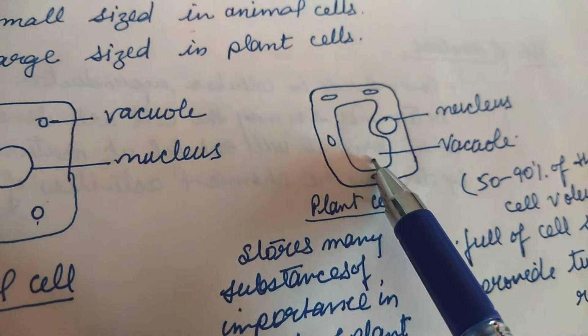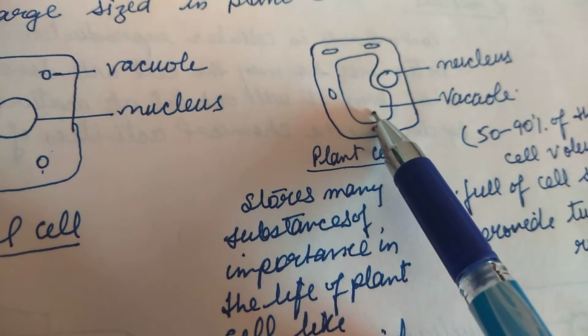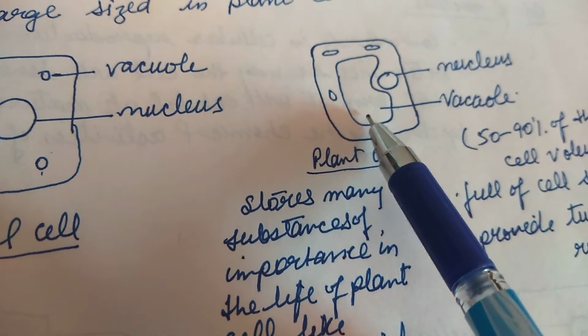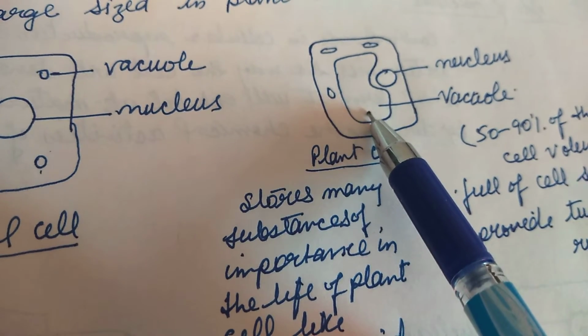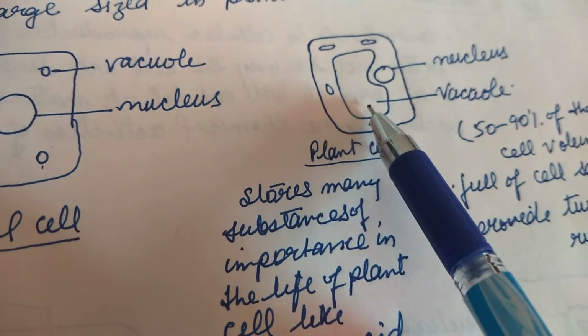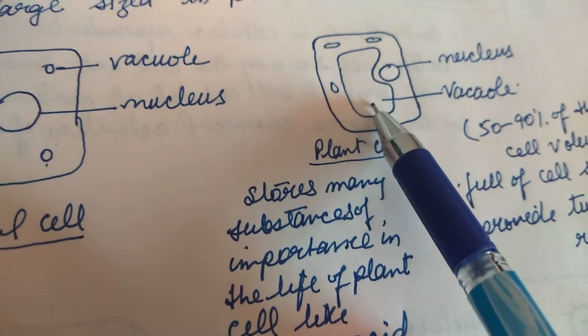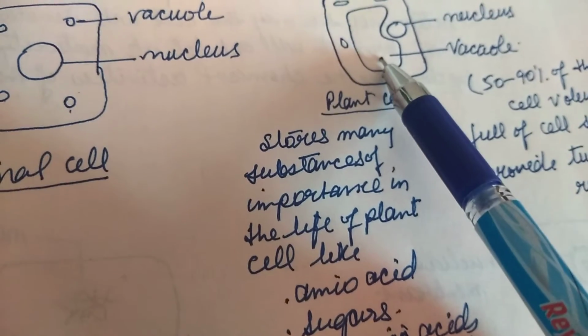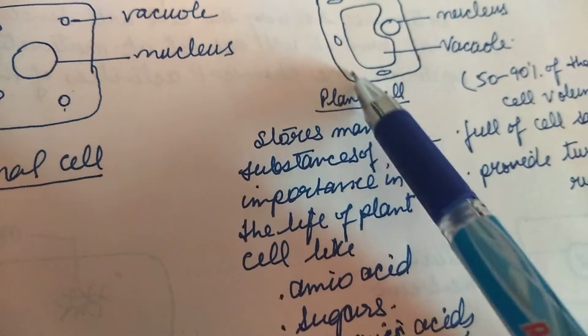In this, substances which are important for plant life are present. So what all substances? Like amino acids, proteins, some organic acids, sugar. This is present in this vacuole.